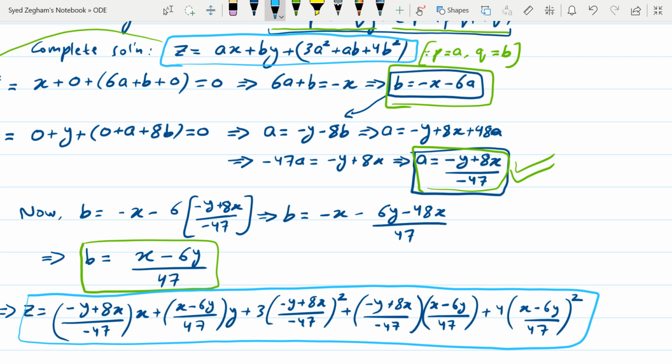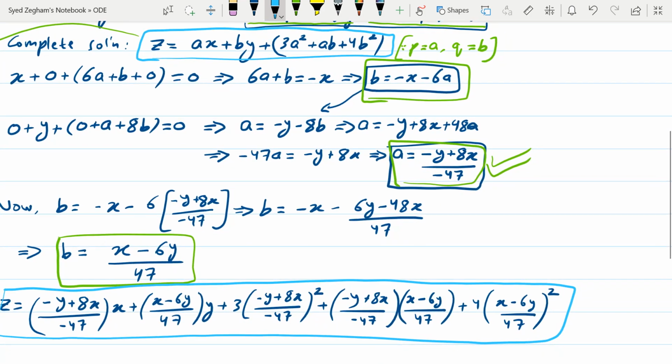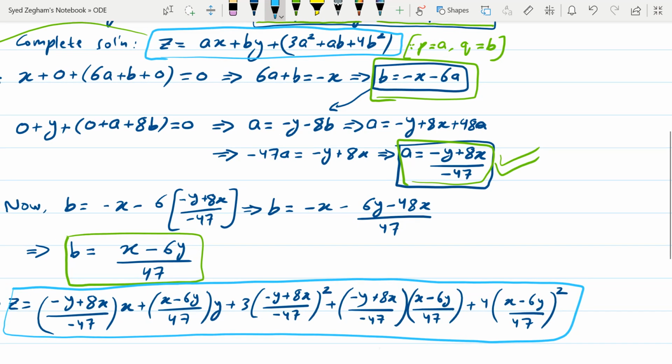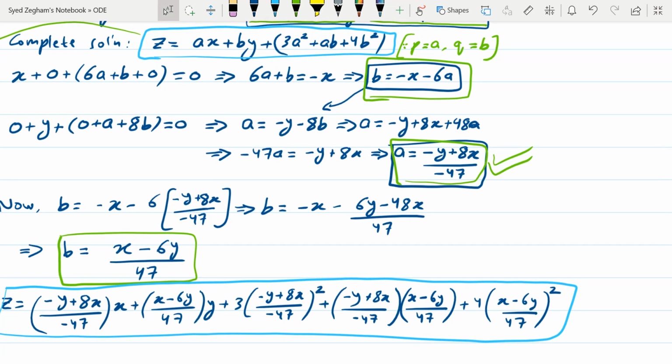Both the constants a and b you have succeeded to remove, both of them. This solution which you are obtaining now is called as the singular solution.